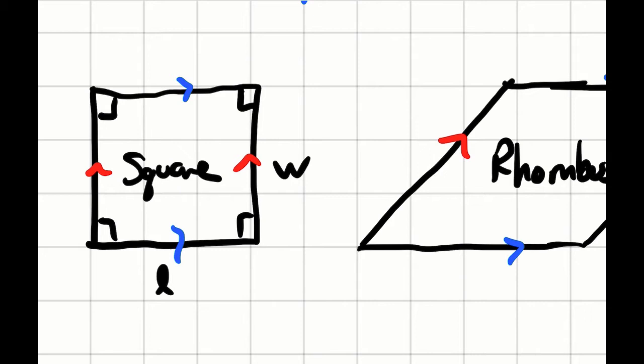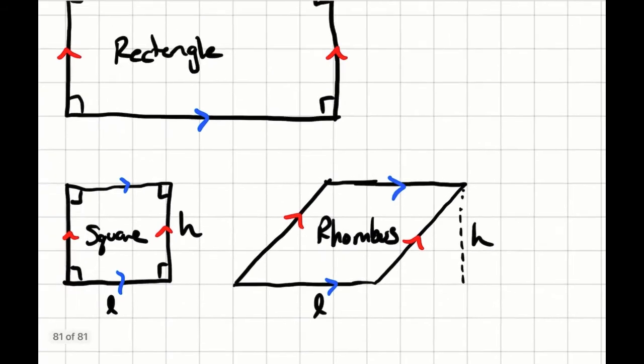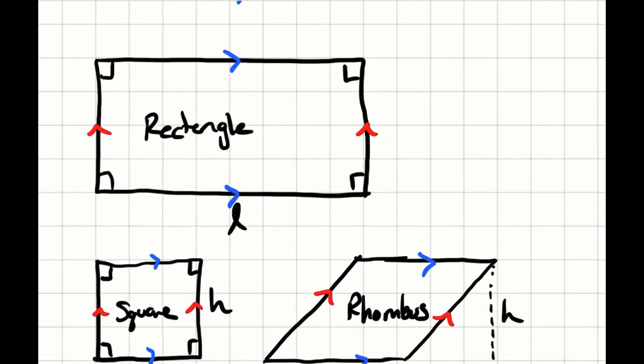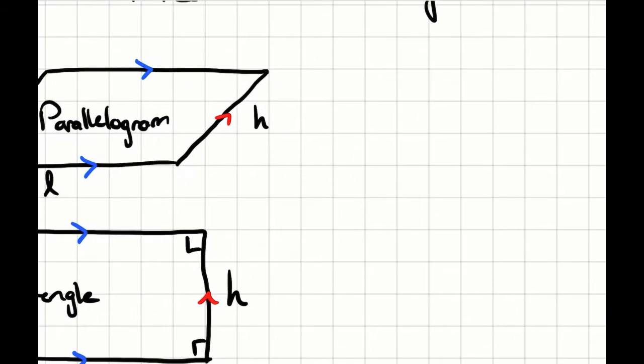Okay, so for our purposes today, we're going to call it height. Length times height. Length times height. And in the case of this parallelogram, it's length times height. Now, parallelograms are tricky, so I'm going to go ahead and scoot this over a little bit.